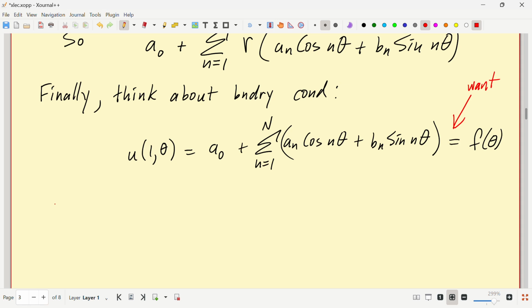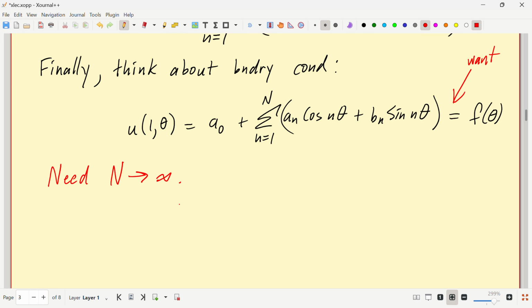They're determined by that. So that problem, asking you to solve the heat problem when the right-hand side is something simple in terms of sines and cosines, you can just do it by looking at this and saying, yeah, I know what the A's and B's have to be. And I only need finitely many. So it's not an infinite sum. But if that's not the case, we need N to go to infinity. And so hopefully that's going to lead to something.